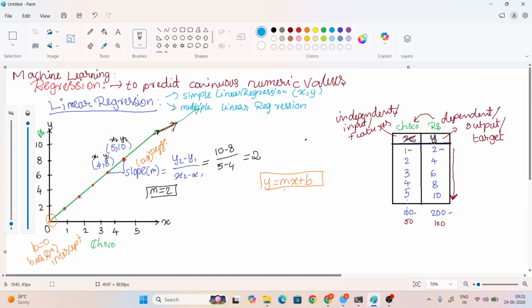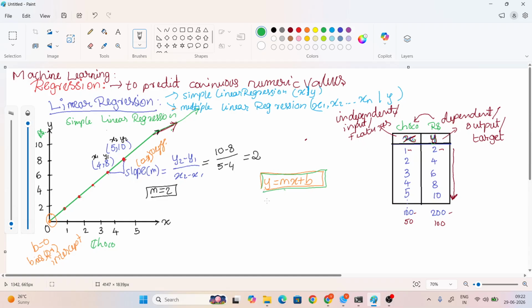In multiple linear regression, it has more than two x's: x1, x2, up to n number of x's, and it has only one y. So it is called multiple linear regression. Here I draw a diagram of simple linear regression. This is the formula of simple linear regression.